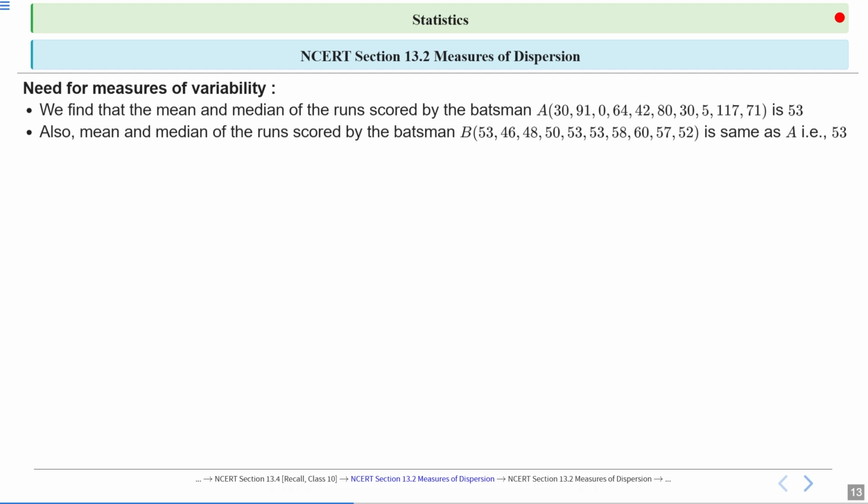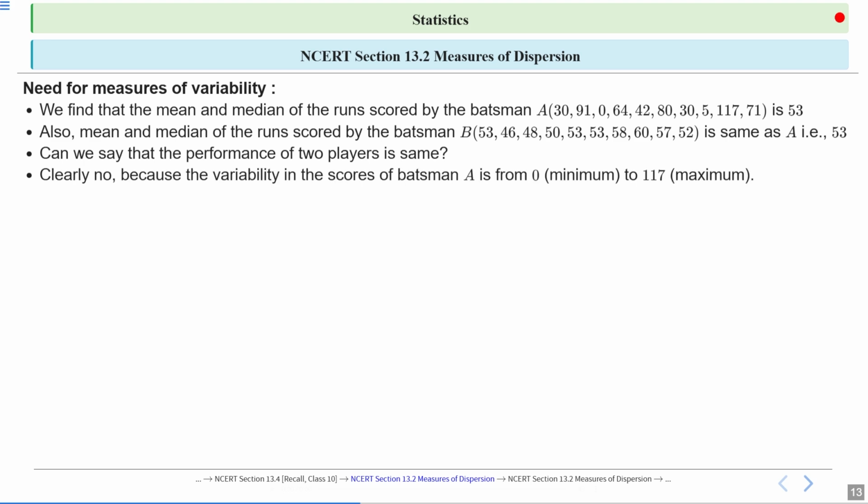So this raises an important question: can we say that the performance of the two players is the same? Because their mean and median scores are identical, can we say their performance is the same? Let's think about what other factors might be at play. Clearly the answer is no.